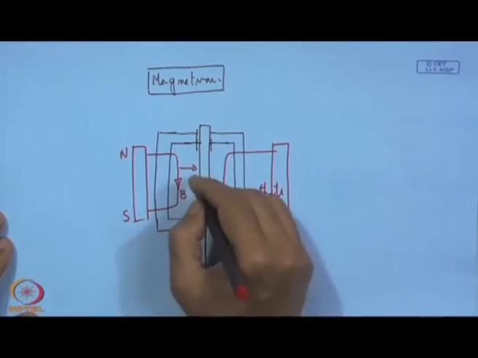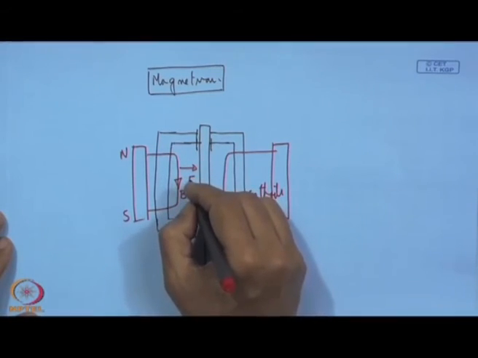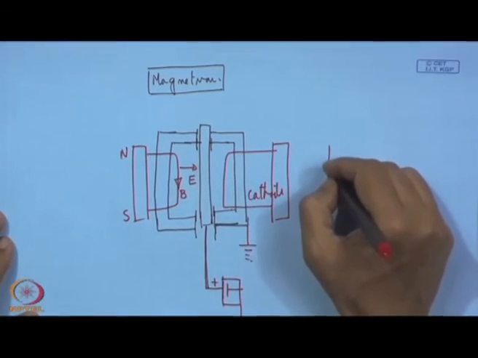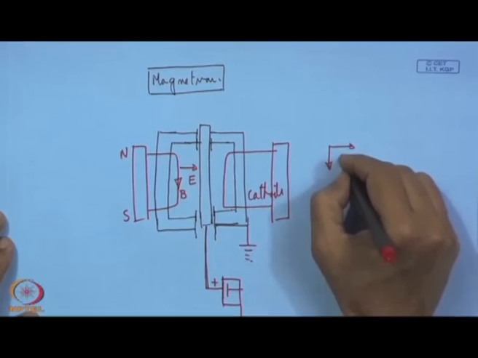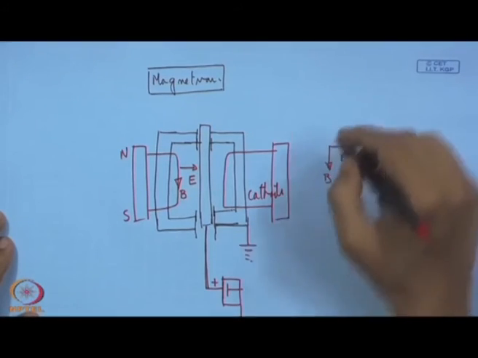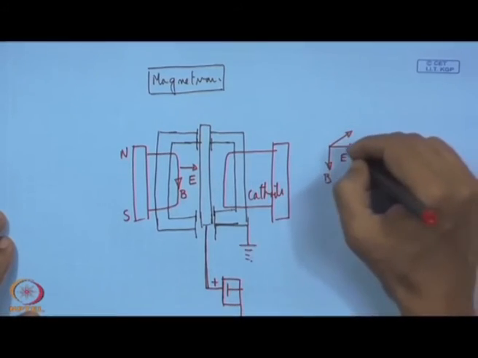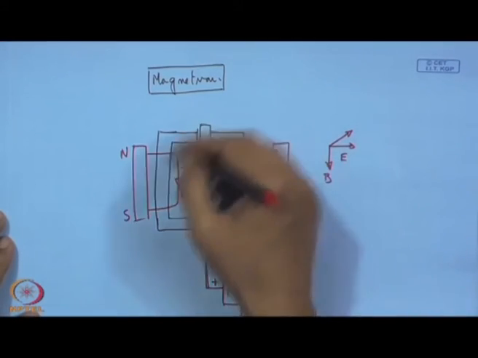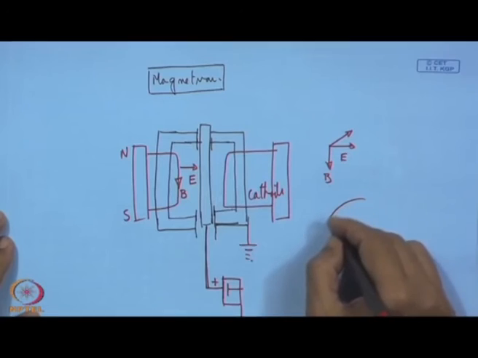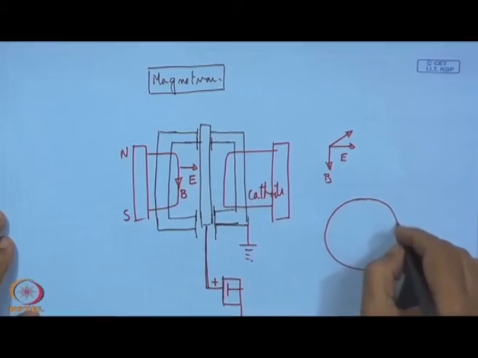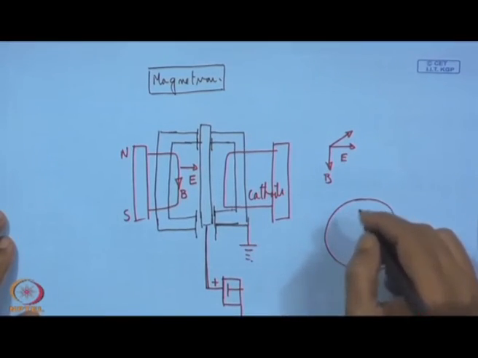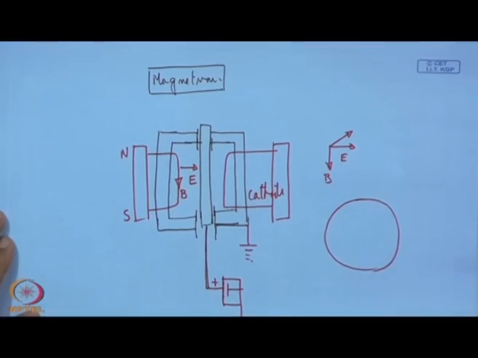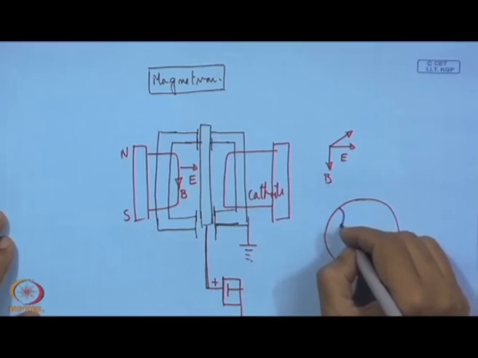With this E cross B we have a drift motion like this. So, this is the E×B drift, and if we see from the top, on the cathode surface we can see the trajectory of the electron, which will move like this.